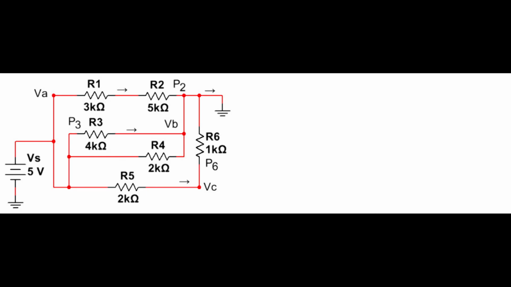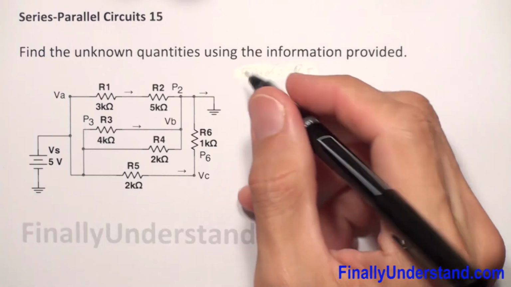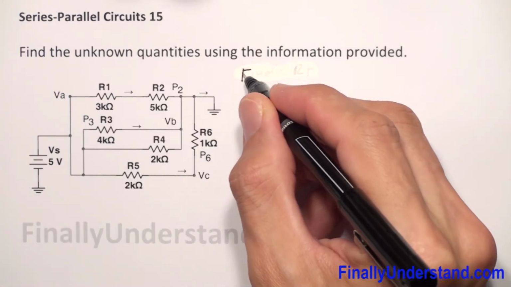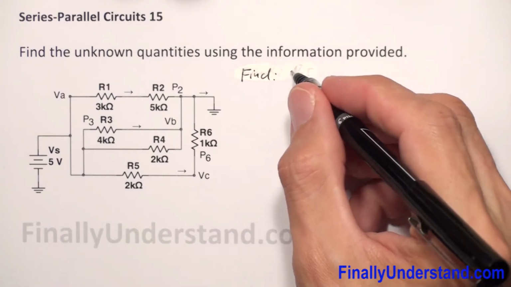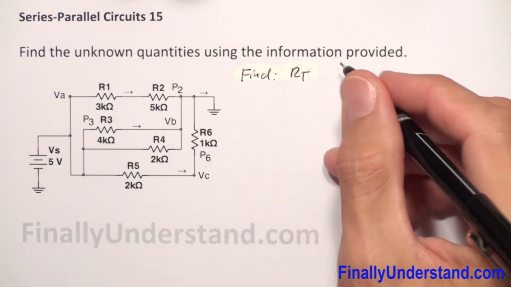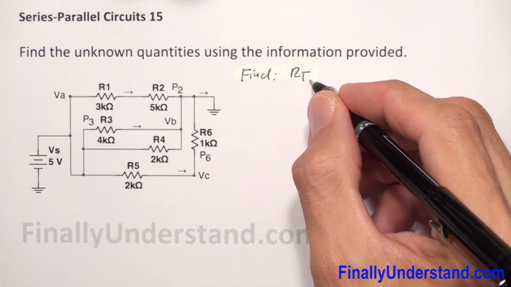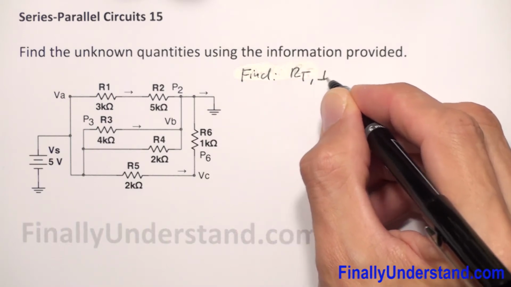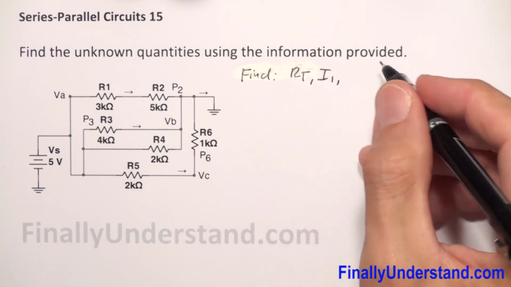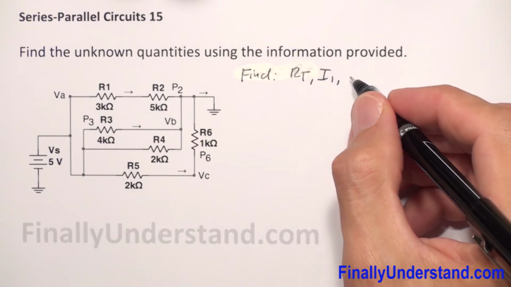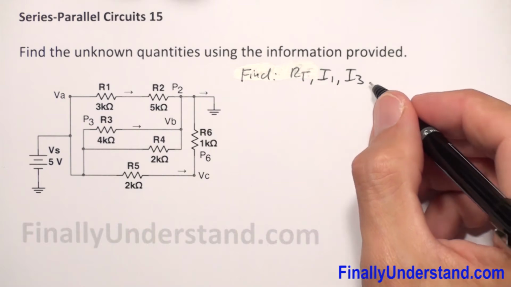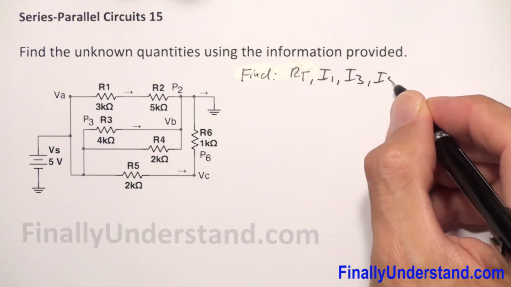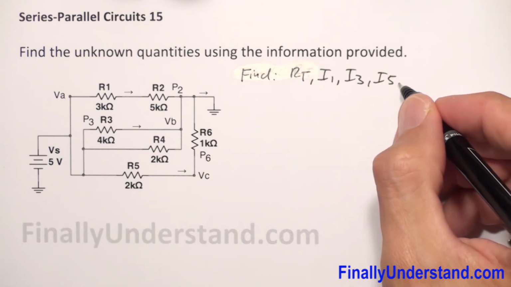Let's write first everything we're supposed to find in this problem in order to not miss anything. So I'm going to write find, and we have to find R total. We have to find I1, I3, I5, I total.